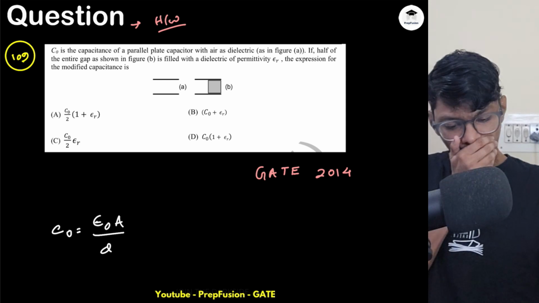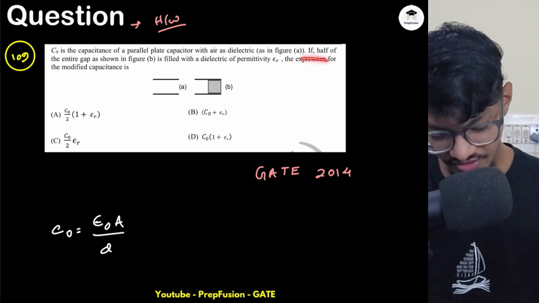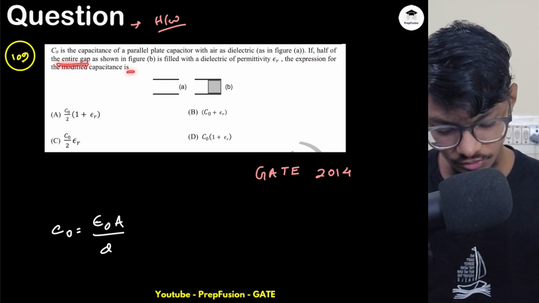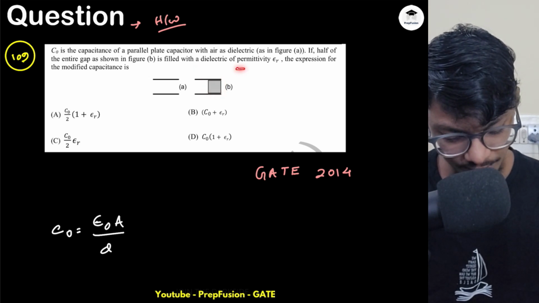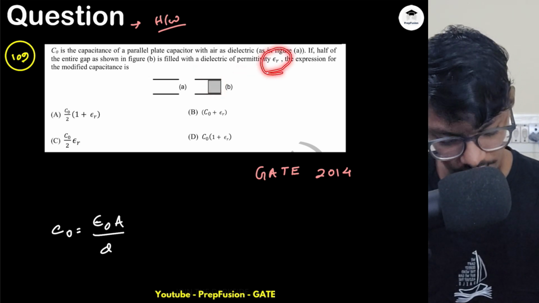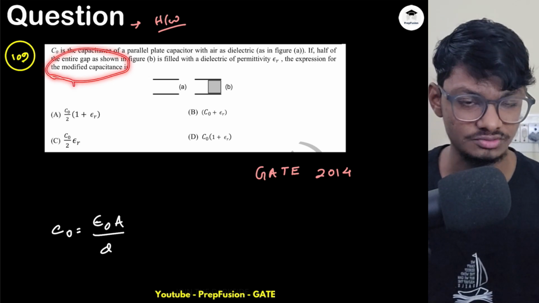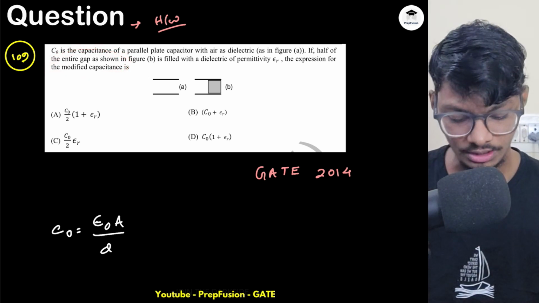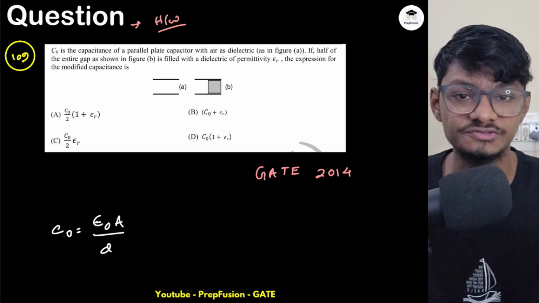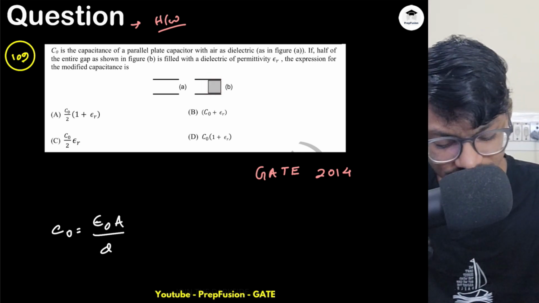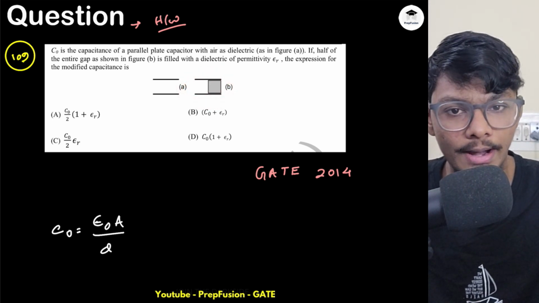Now, if half of the entire gap as shown in figure B is filled with a dielectric of permittivity epsilon r, the expression for the modified capacitance will be, with respect to the previous capacitor, what? So here half of the capacitor is filled with dielectric. Now, is this a series connection or a parallel connection?